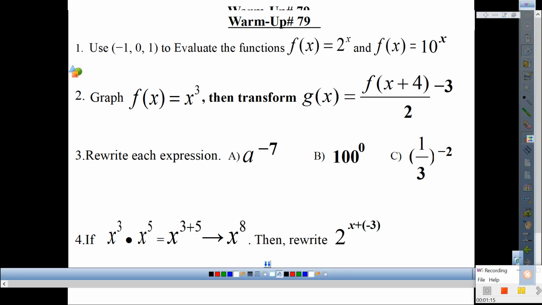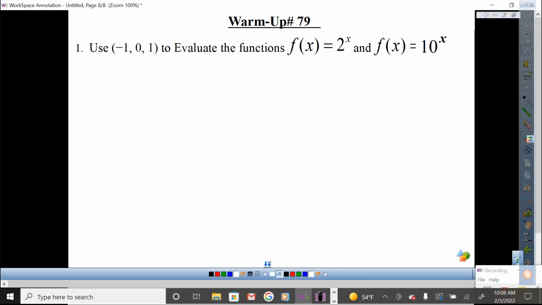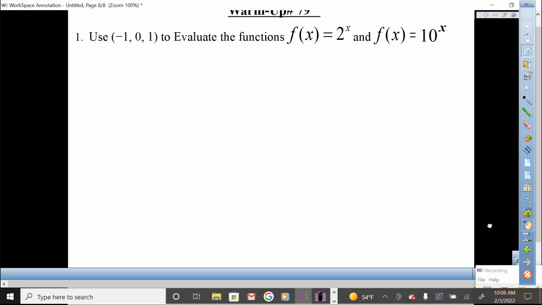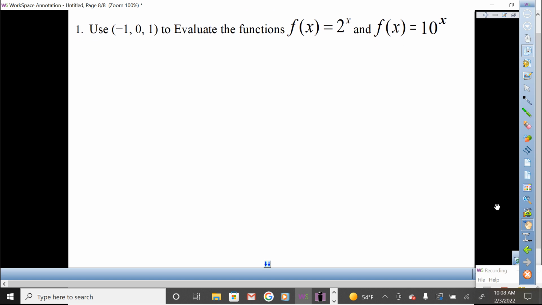All right, so I'm going to go over number 1 just for the sake of, like I said, a preview of where we're going with our main concepts. Number 1 says use -1, 0, and 1 to evaluate the functions. There's 2 functions. How do we evaluate? So here goes a recap on how to evaluate.